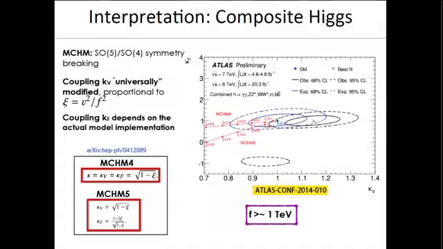So this exclusion in kappa_F, kappa_V can also be interpreted in terms of these composite Higgs models. In the case of these particular models, you can relate psi to these couplings that have been measured.